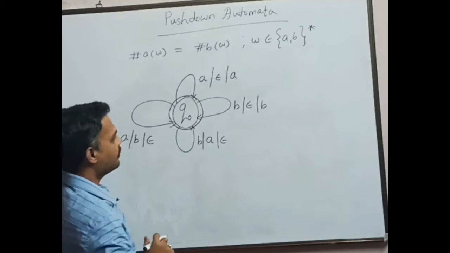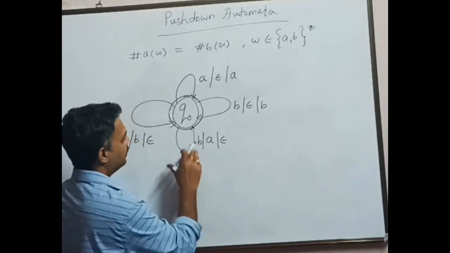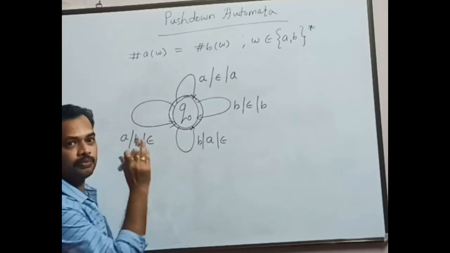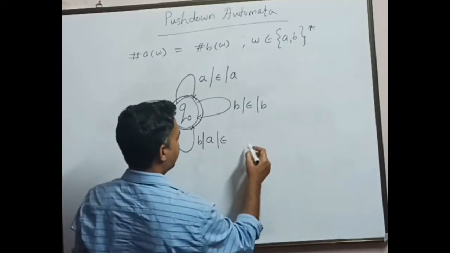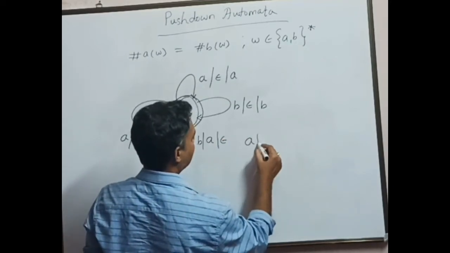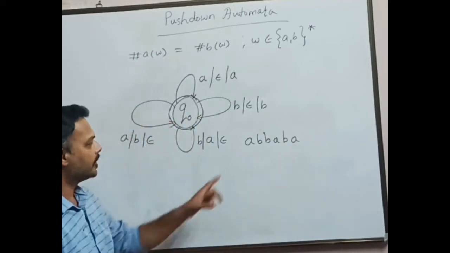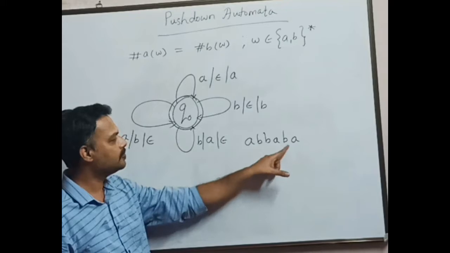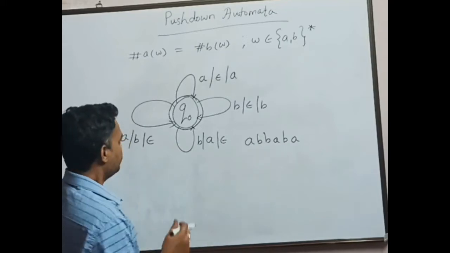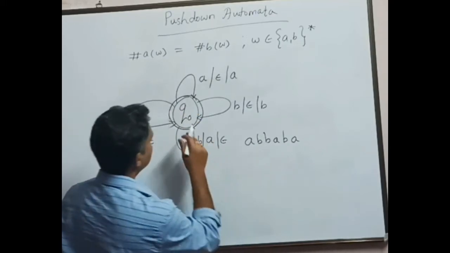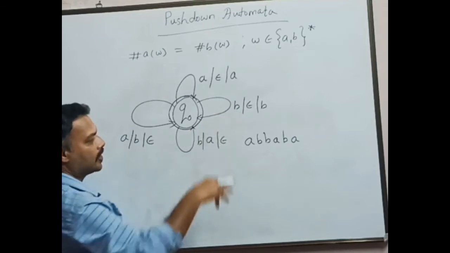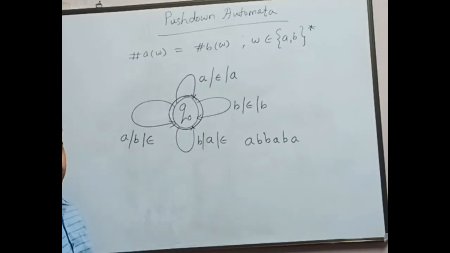Now let us take one example and verify whether this design is proper or not. The example is A, B, B, A, B, A. Here you can see there is no pattern; anywhere A comes, anywhere B comes. Let us see how this PDA works on this string and whether it says accepted or rejected.